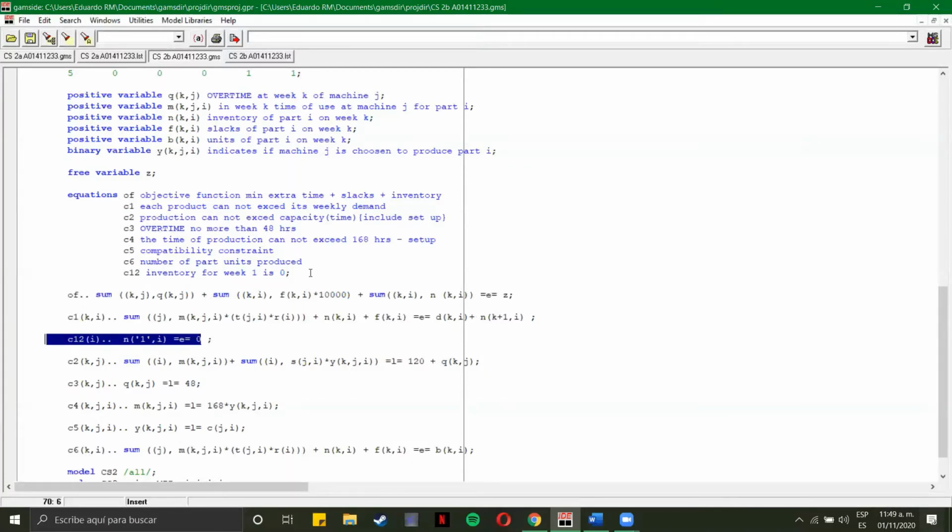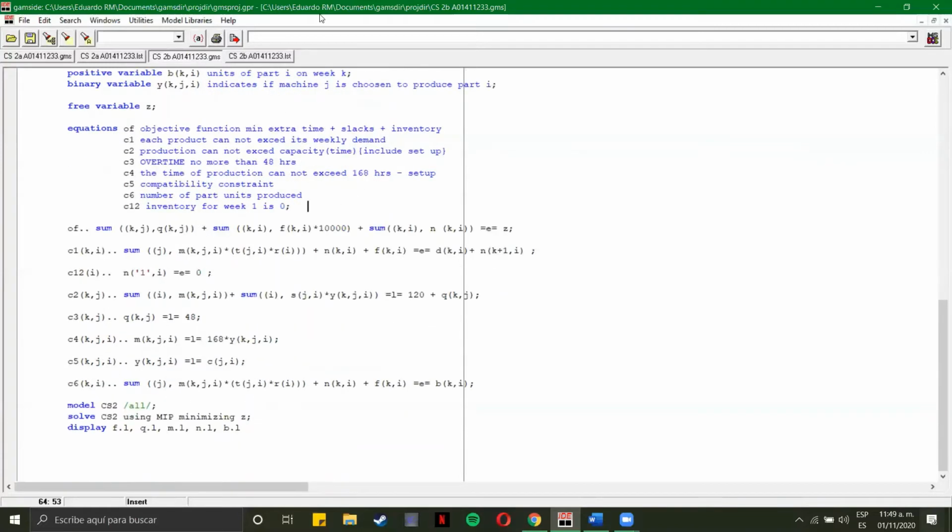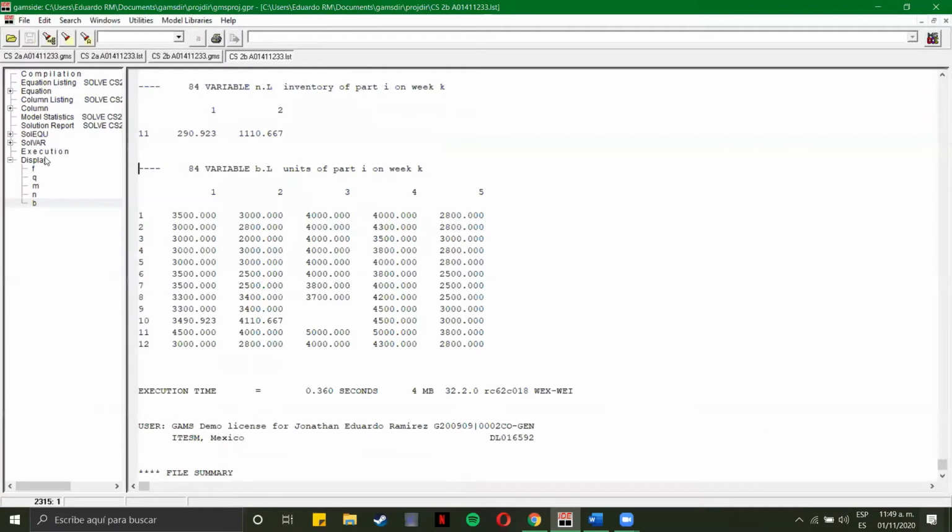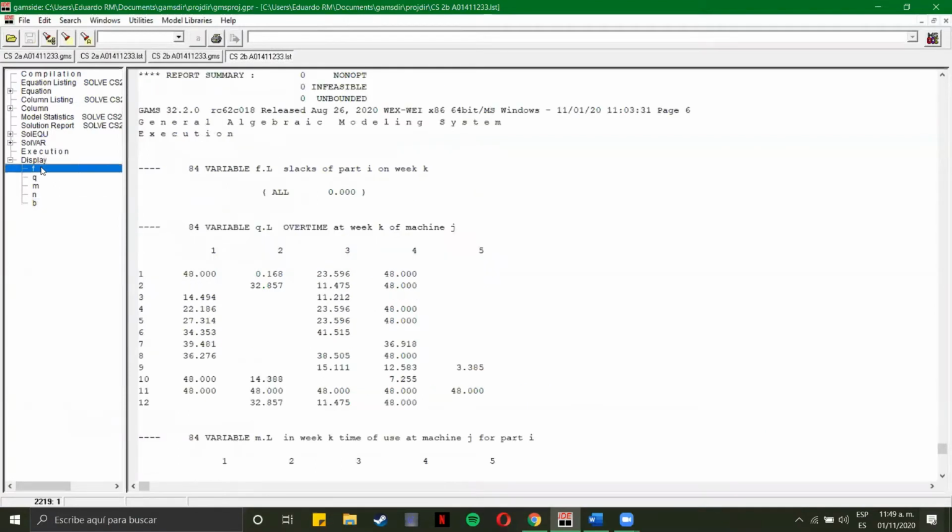And then is the constraint that I was talking about, that the inventory at week 1 must be equal to 0. And then after that, the constraints are basically the same. None of them changes. Maybe the only change is on the last one, where we also take into account the inventory for the total units produced.